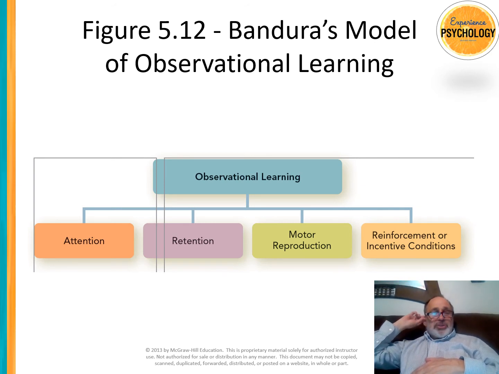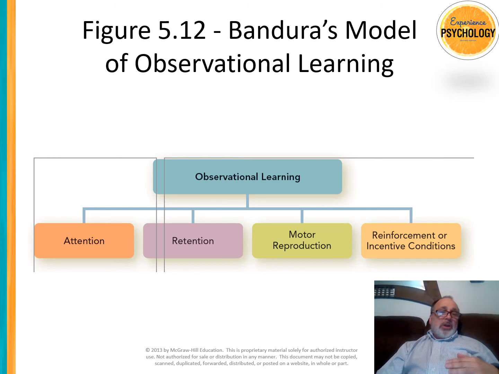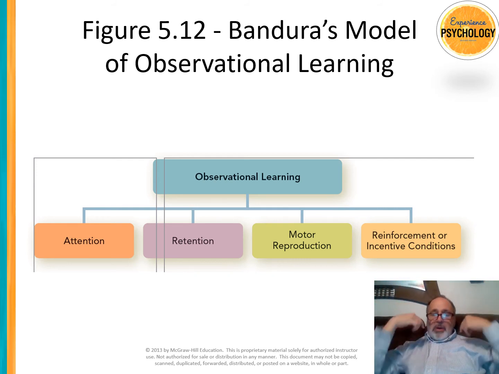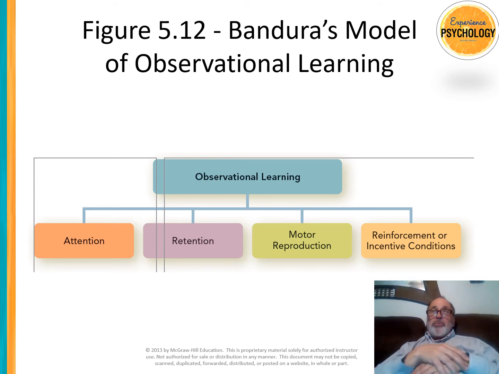So observational behavior, this is his model, very simple. First, you have to attend to it, is the first step. And then retention. You have that memory going in. And then you do motor reproduction. So a little kid observes, pays attention, his dad is hammering in the backyard.